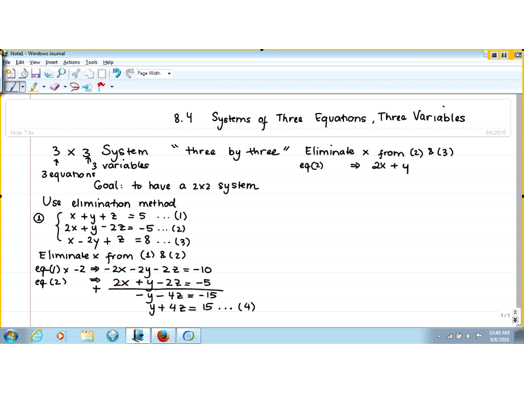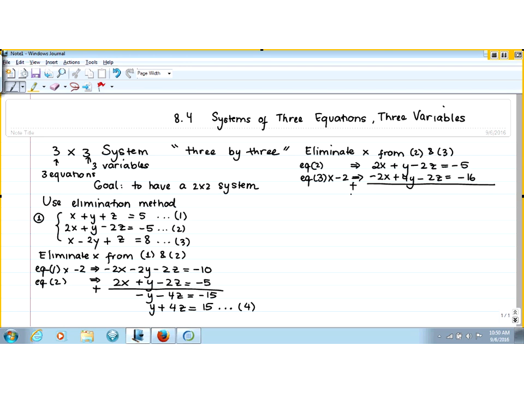So 2x plus y minus 2z is -5. Equation 3, what do we do? Multiply by negative 2? Okay. So if I multiply everything by negative 2 here, I have negative 2x plus 4y minus 2z is negative 16.